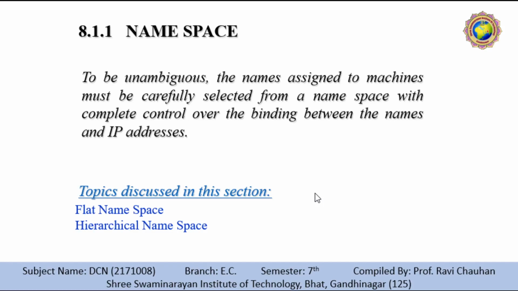A namespace that maps each address to a unique name can be organized in two ways: flat or hierarchical. So these two points are to be discussed in this section: flat namespace and hierarchical namespace.